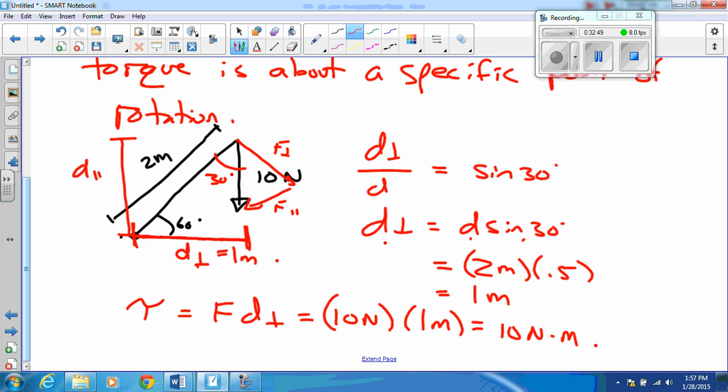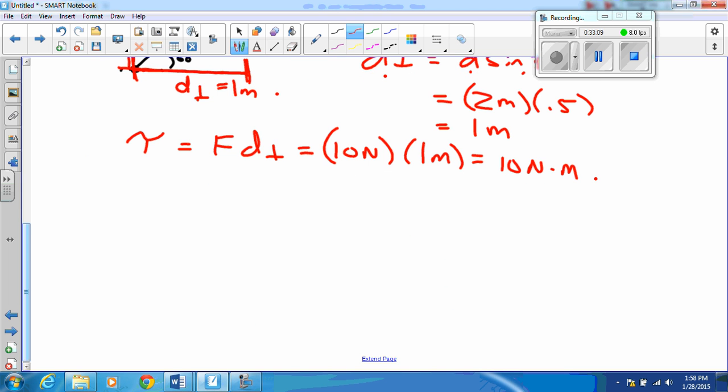Does that help? Yeah, yes, a lot better. Good. So there are two ways to visualize it. One is force times perpendicular distance. The other is distance times perpendicular force. And both give you the same thing. That was a good question. So let's summarize it all.